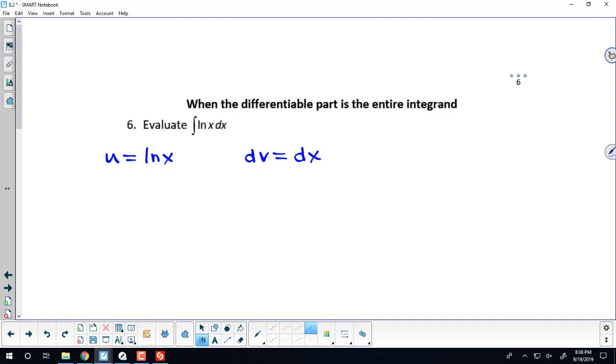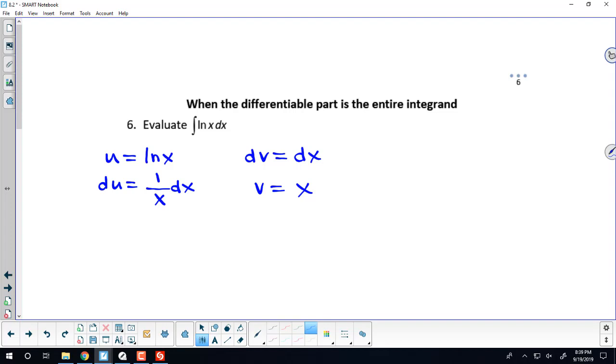That's perfectly acceptable to do. It's still technically a function of x. And the derivative is 1 over x, and the integral is x. So that's really the main thing to point out in this example. It doesn't necessarily have to be a product.